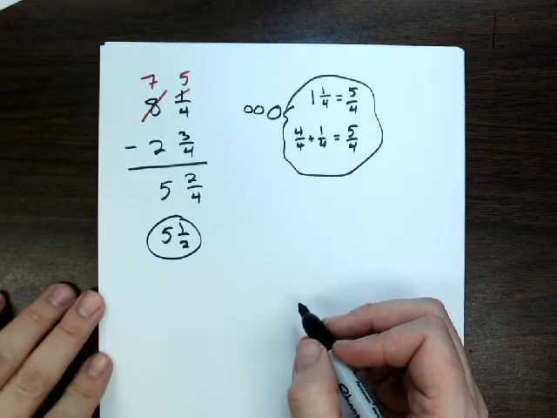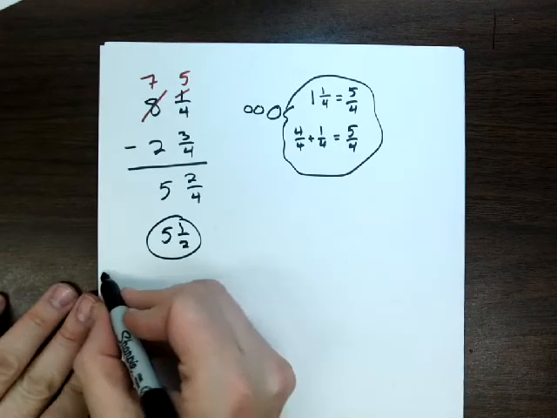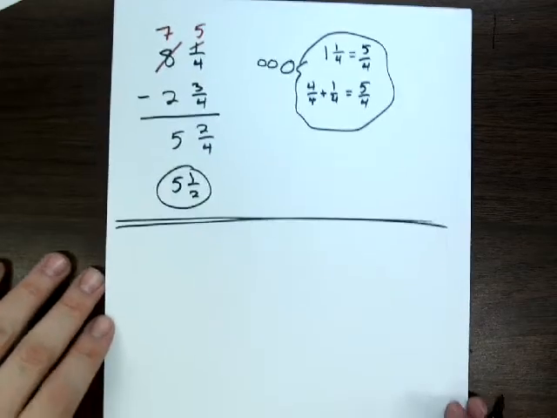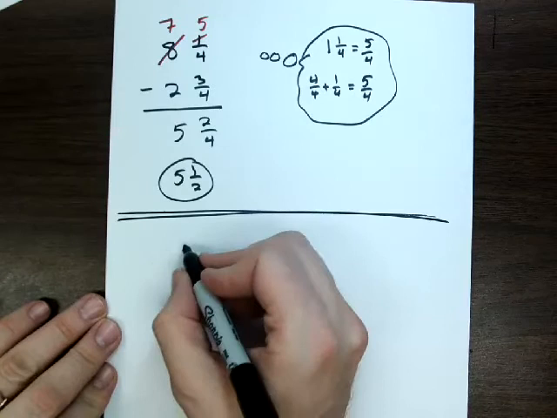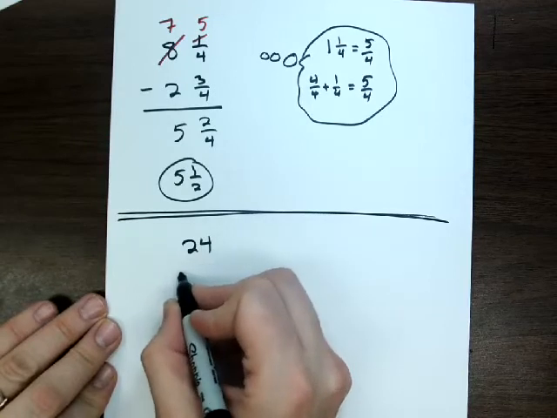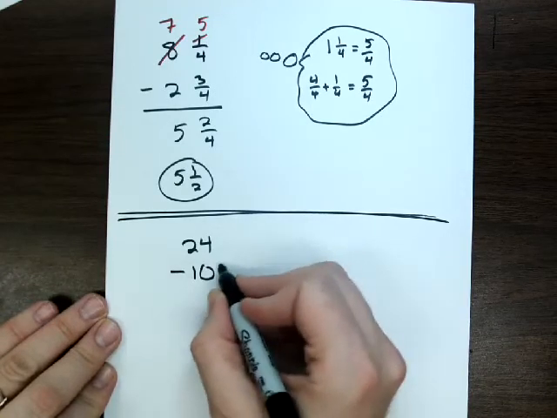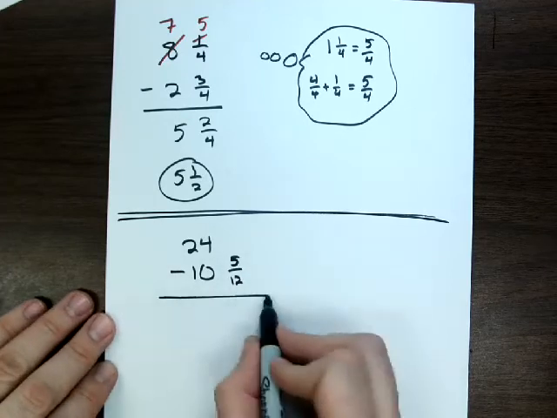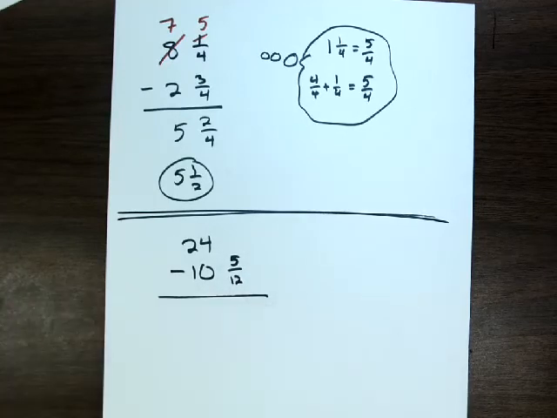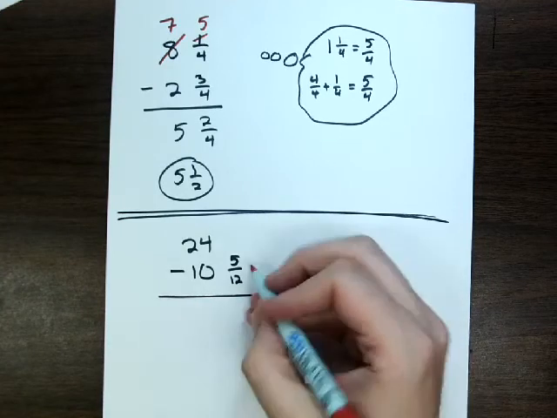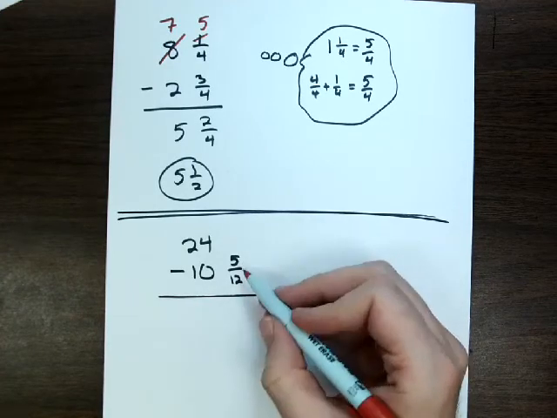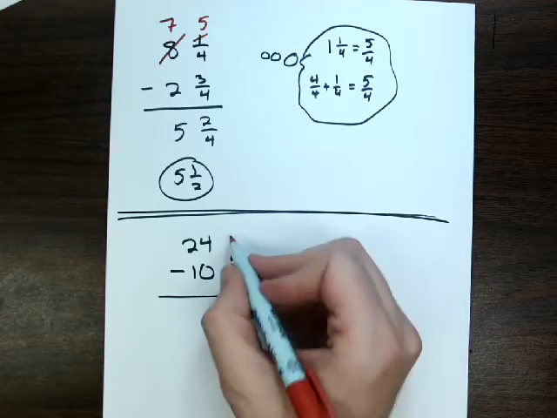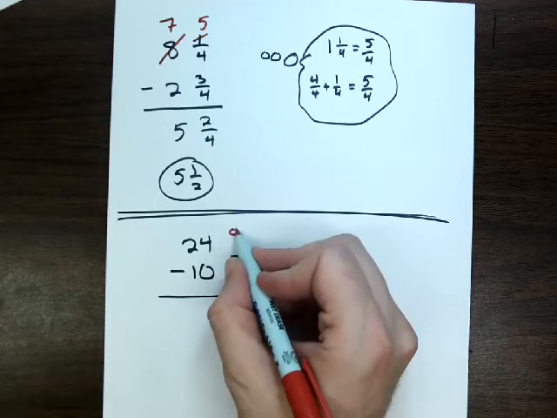Okay, let's show you a different kind of problem with this as well. Let's say we've got something like 24 minus 10 and 5/12. It's really, really tempting at this point to just say, oh, I'll just bring that down. But this is basically equivalent to 24 and 0/12 right there.